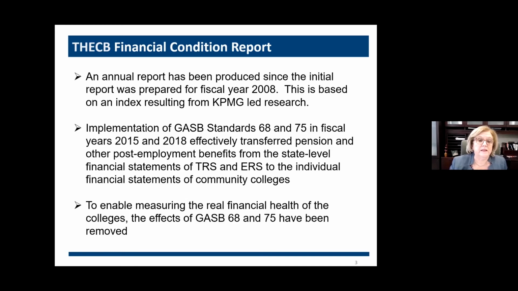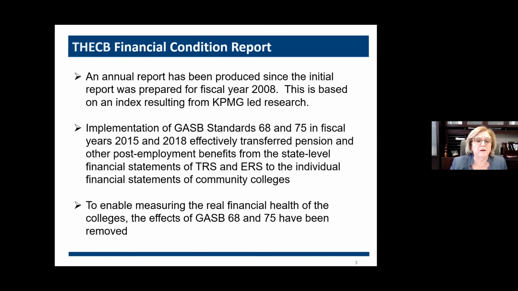In 2018, a companion standard takes the future liability of all health insurance premiums for retirees and records that on the community college's books as well. Now, while the colleges are basically responsible for paying that, recording the lifetime premiums on a retiree is like recording a mortgage, for instance, on your personal financials.